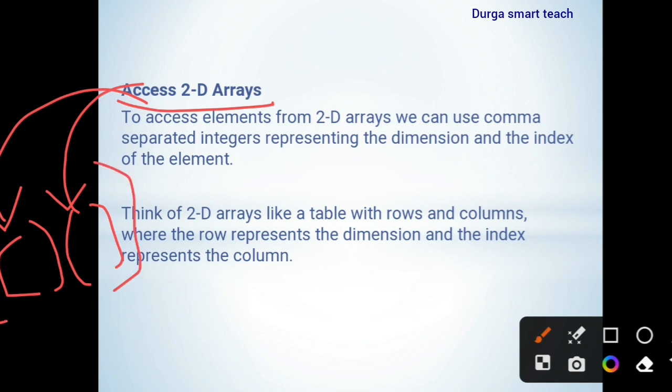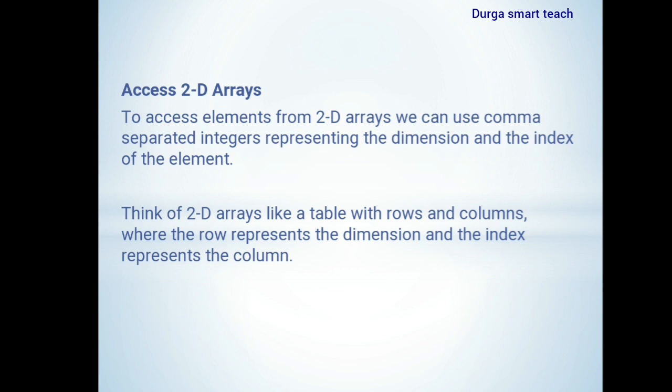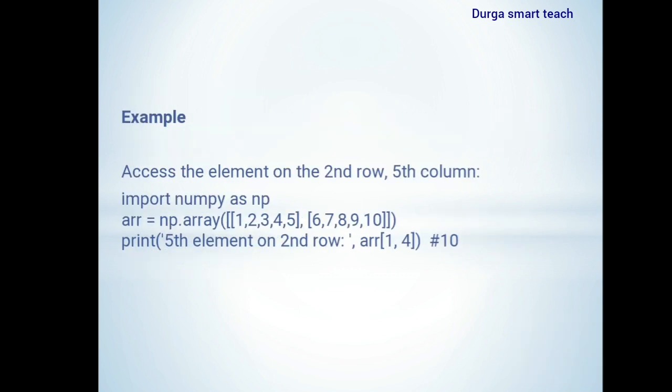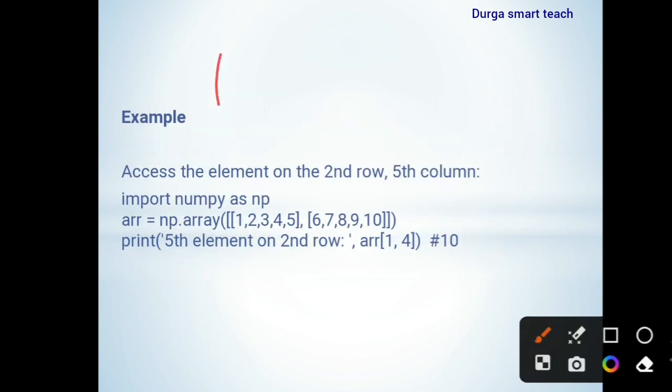In a two-dimensional array we use comma separated integers representing the dimensions and the index of the elements. Think of a two-dimensional array like a table with rows and columns, where the first number represents the row and the index represents the column.